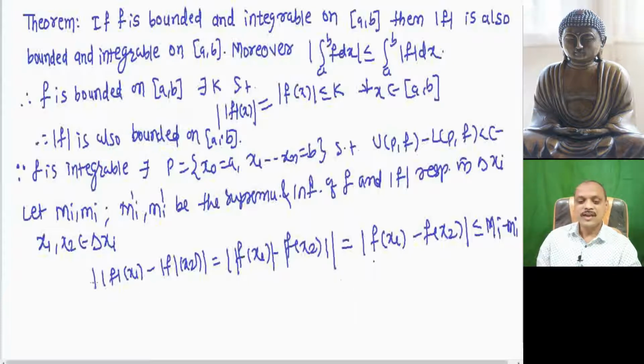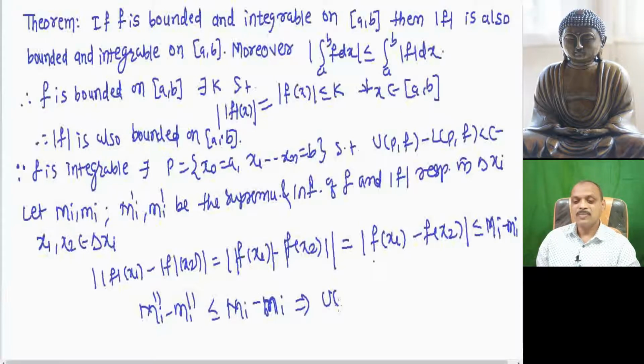So we get that the supremum relation, Mi double dash minus small mi double dash, is less than or equal to capital Mi minus small mi. This implies that the upper sum of mod f function minus lower sum of mod f function is less than or equal to upper sum of f minus lower sum of f, which is less than epsilon.